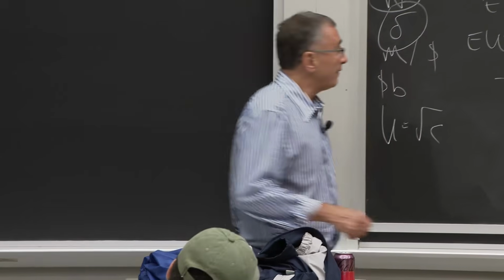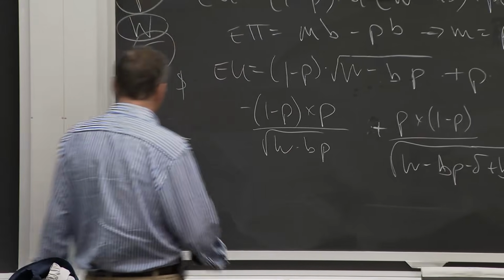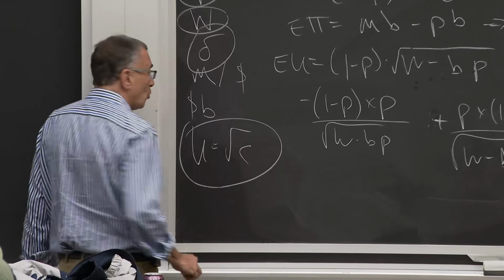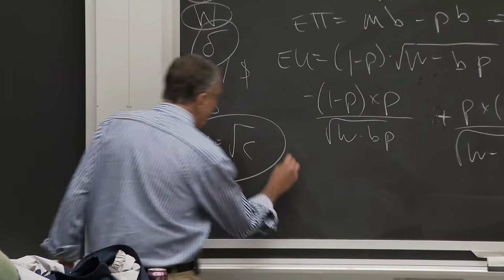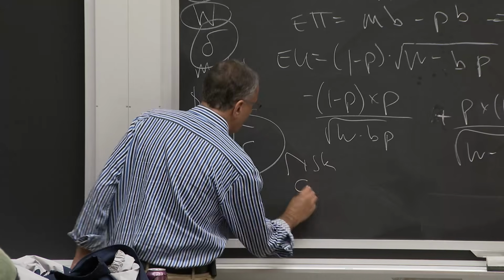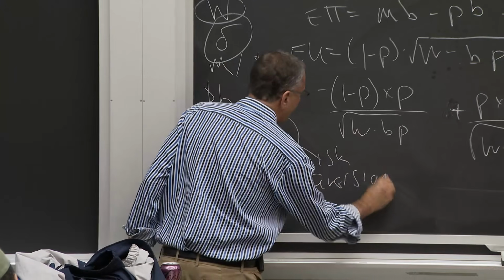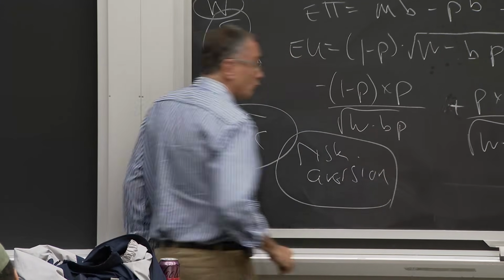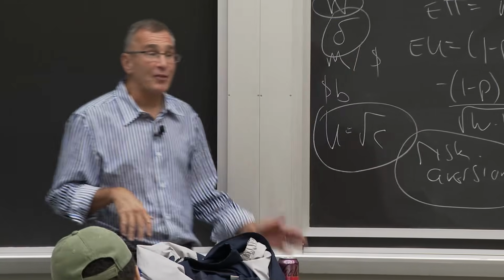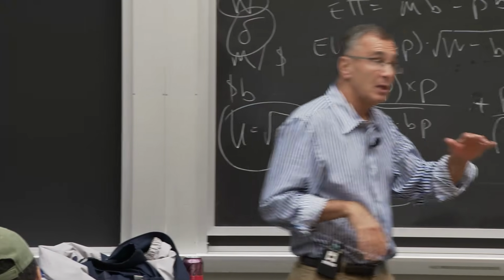Now, one important feature is that by assuming this utility function, we've assumed a given level of risk aversion. And remember the key lesson from 1401: risk aversion is about the curvature of the utility function.